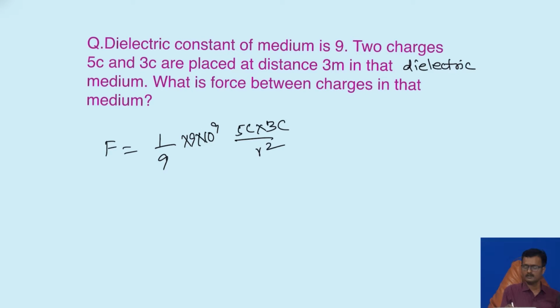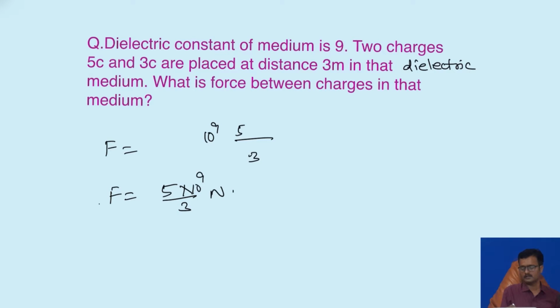What is our 3 square? 3 square. Okay, 9 cancels, 3 square, 3 cancels. So we got F is equal to 5 into 10 power 9 by 3 newtons.